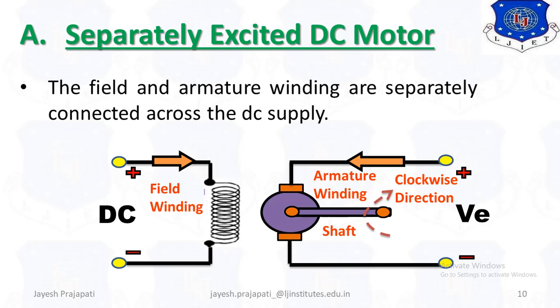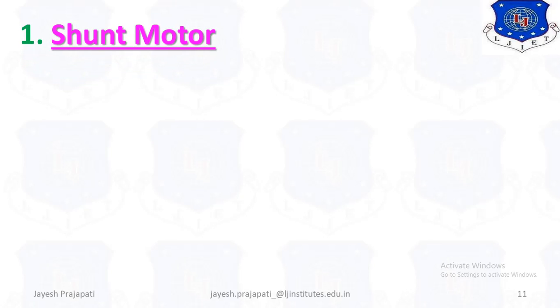Now we will discuss the self-excited DC motor. A self-excited DC motor can be classified as shunt motor, series motor and compound motor. Let us first discuss the shunt motor. As per the name, shunt means parallel connection.